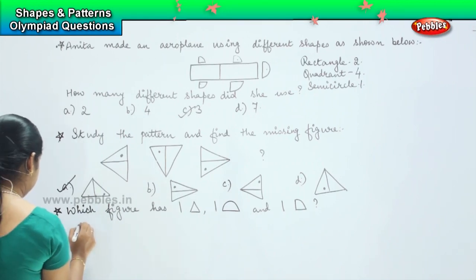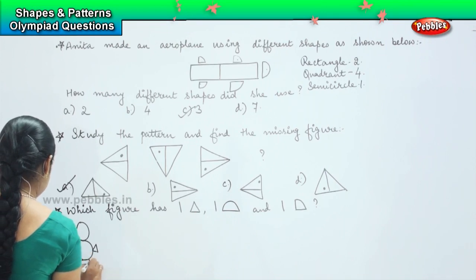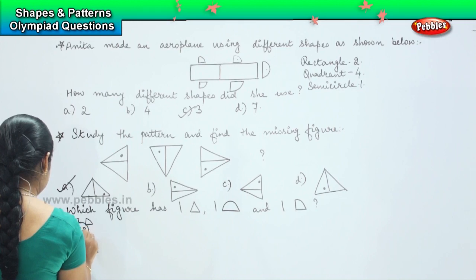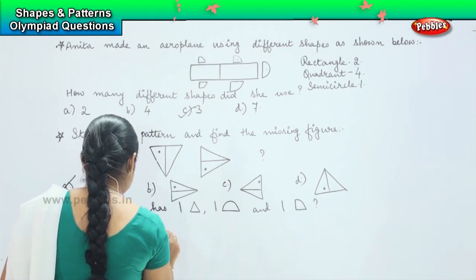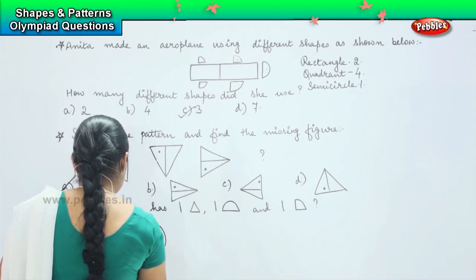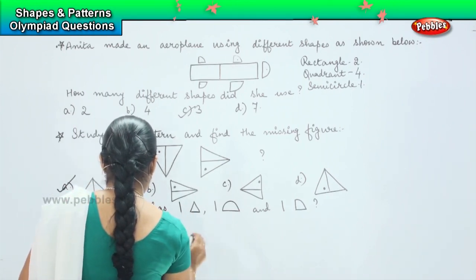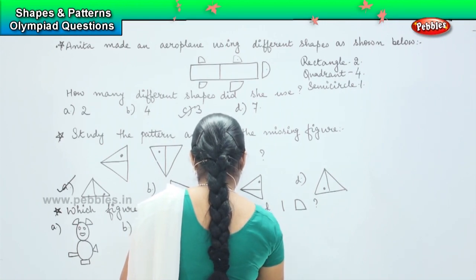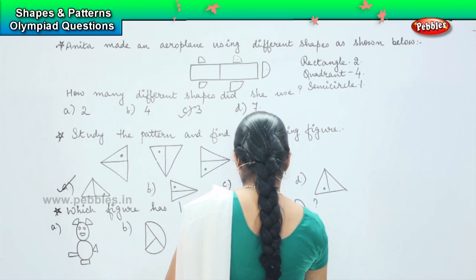Your options are option A, option B, option C, and option D.